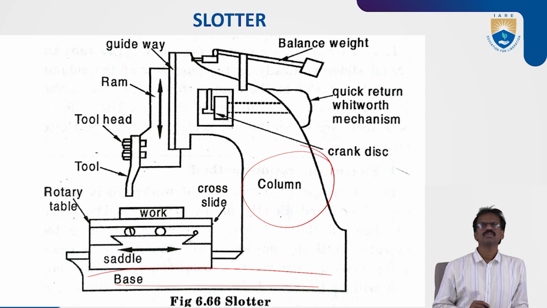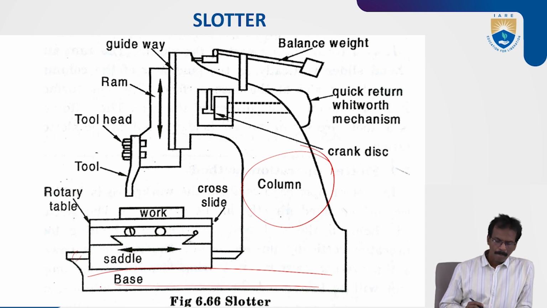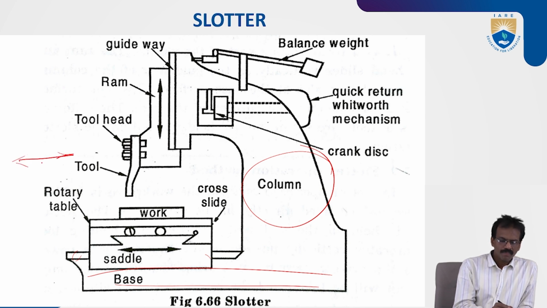With the help of these guideways, the saddle will move in to-and-fro motion, towards the column's vertical face and away from the column's vertical surface. So the saddle movement gives a longitudinal direction.